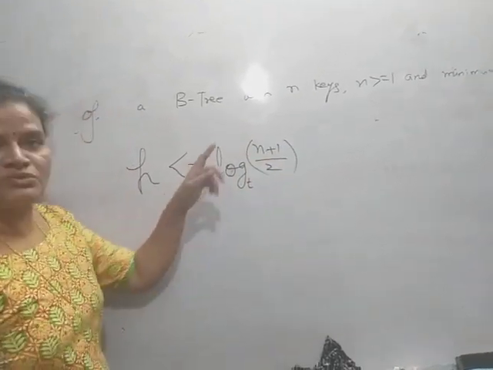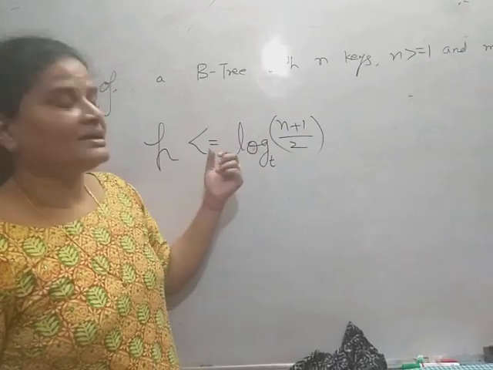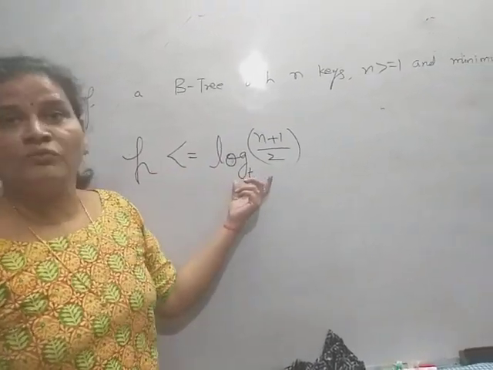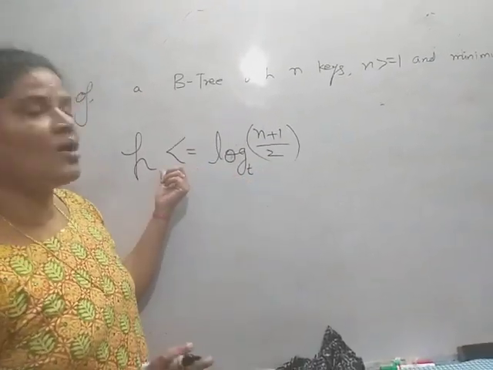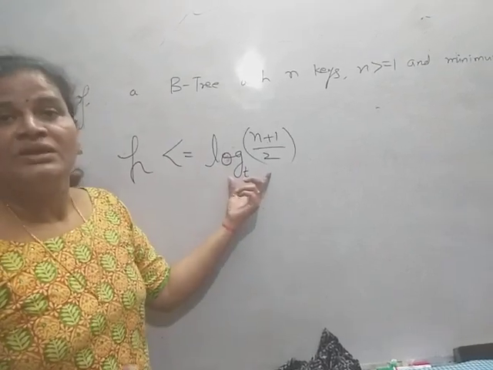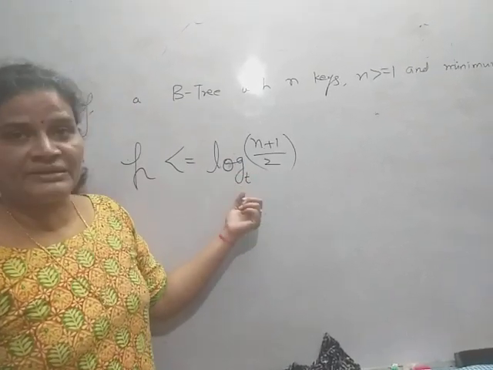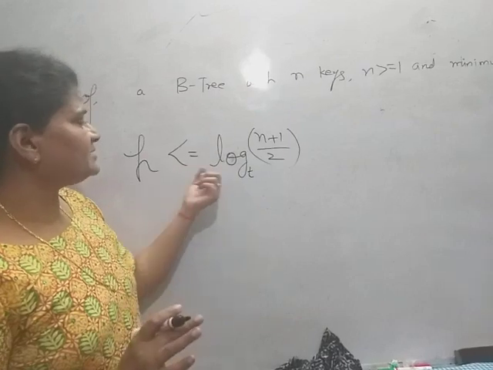Okay, so to store n keys, this is simply the worst case height. The height will always be less than or equal to this. So simply, this is the worst case height.